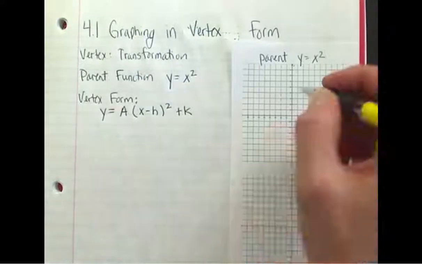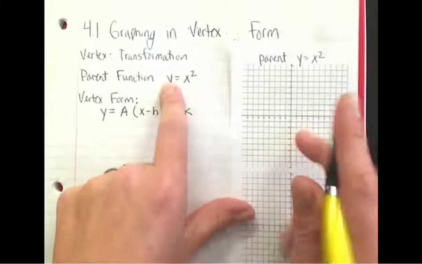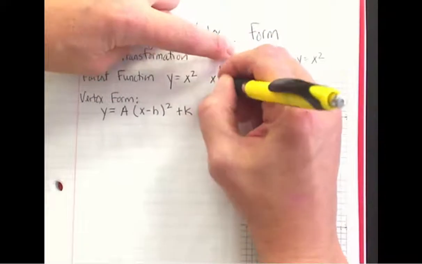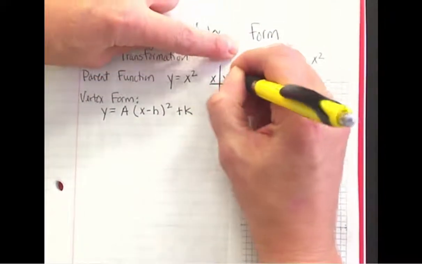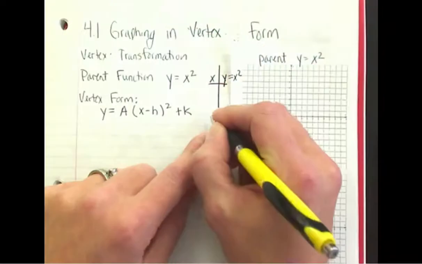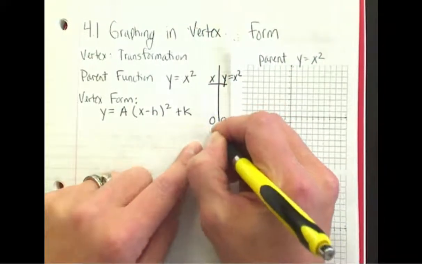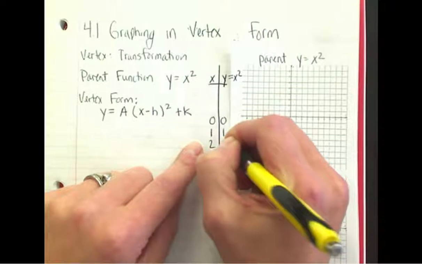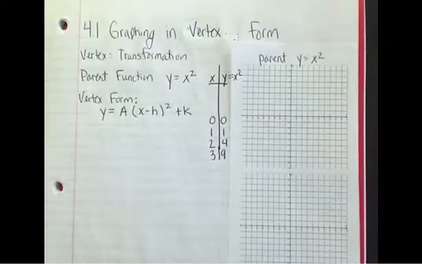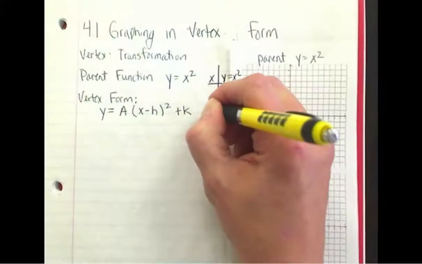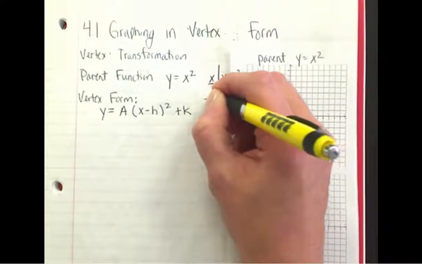Okay. Now, let's draw the parent function, and I'm going to write in a table of points that matches the parent. I'm going to start with 0, 0, 1, 1, 2, 4, 3, 9, etc. Perfect squares. And then I'm going to write the other side of the table also.